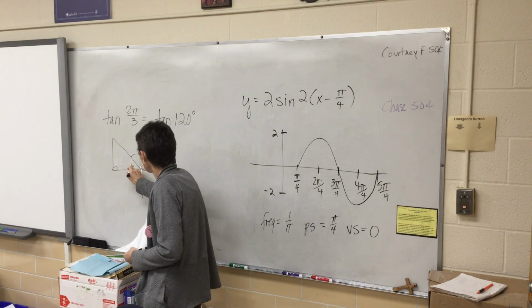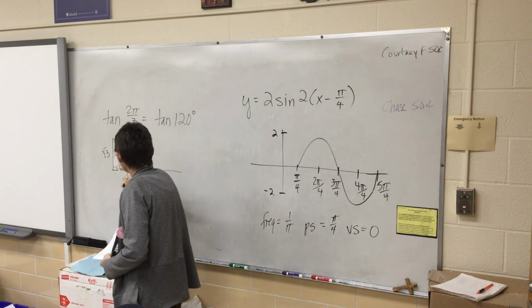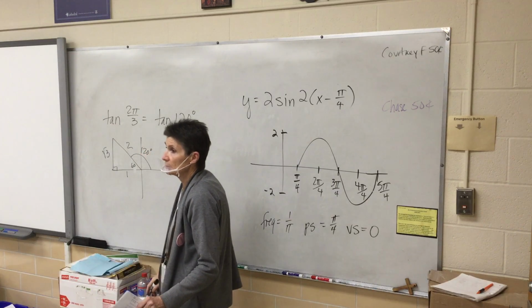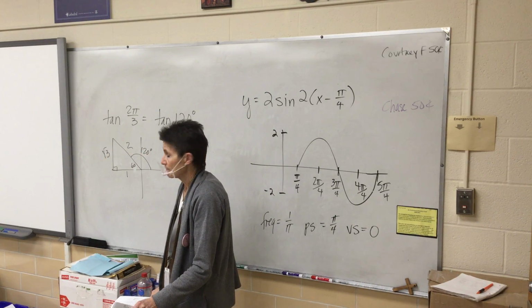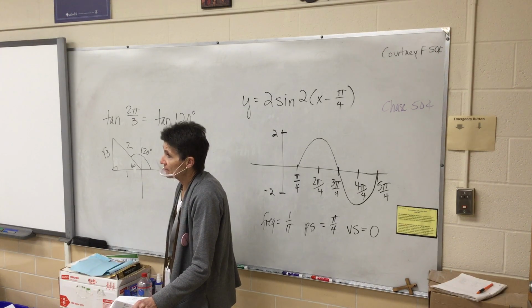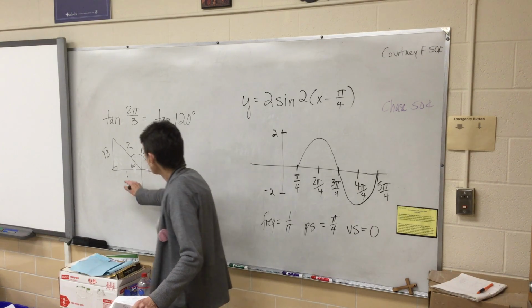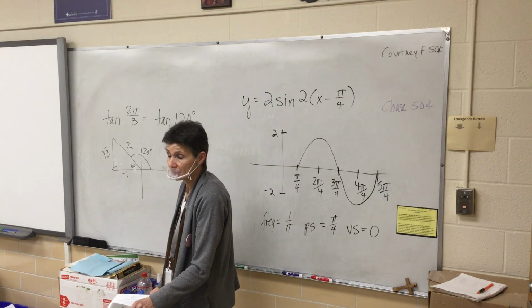60. Which immediately means root 3, 1, and 2, because across from the 60 is root 3. Stop and make yourself add negatives. Are there any negatives in there? No. 1's negative, right? You're in quadrant 2, x is negative.